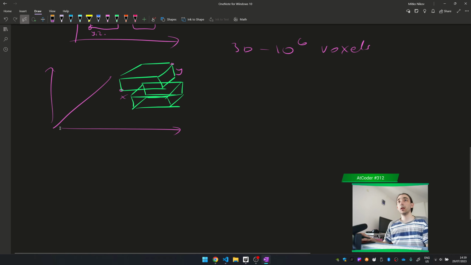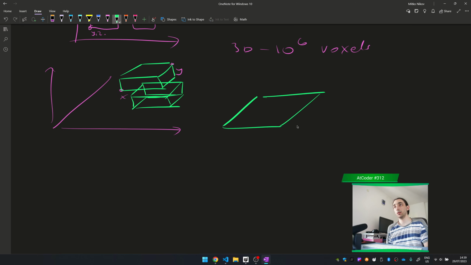Wait, I can divide the space into three different planes, and then you could see that this X projected this Y down here, and then you want to test if this plane intersects with some other plane. So you have some plane of this surface where this X is, and this is X projected, this Y projected onto this plane.